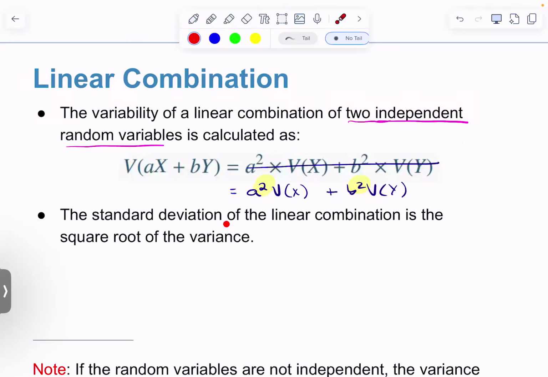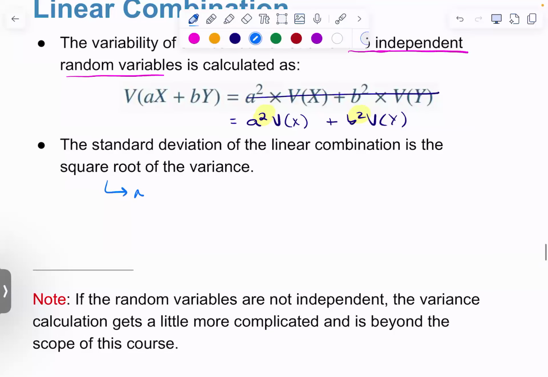But then to find the standard deviation, you have to find the variance first and then take the square root. Need to find the variance of ax plus by first, then take the square root.